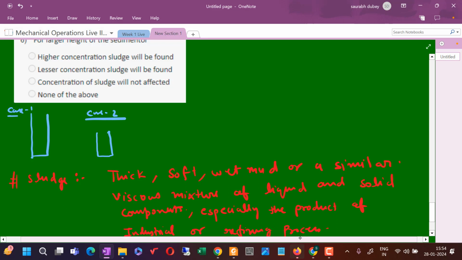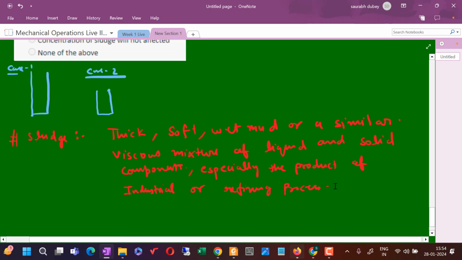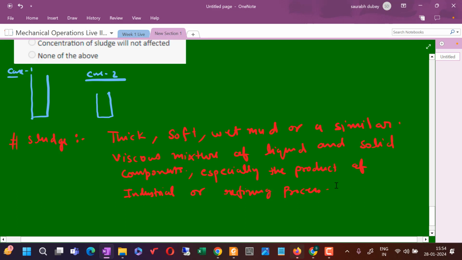Sometimes we talk about dumping of sewage sludge, meaning lots of sewage waste having particulate matter along with the liquid that is getting dumped.